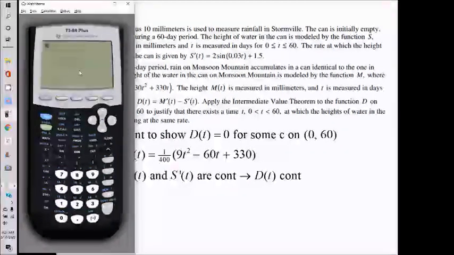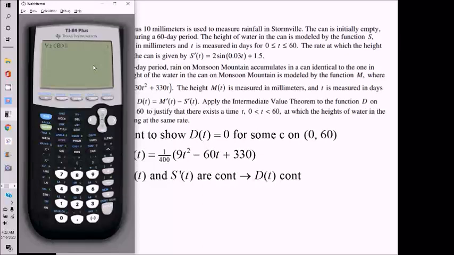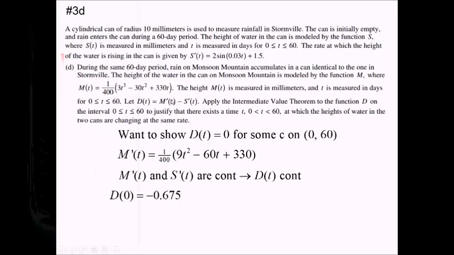Quitting out of there now, I need to figure out d of 0 and d of 60. For d of 0, we do alpha trace and then pull up y3 and plug 0 into that. Since I've defined what m prime is, and I already knew what s prime was, I can just plug things into d without showing any other work now. So d of 0 comes out to exactly negative 0.675.